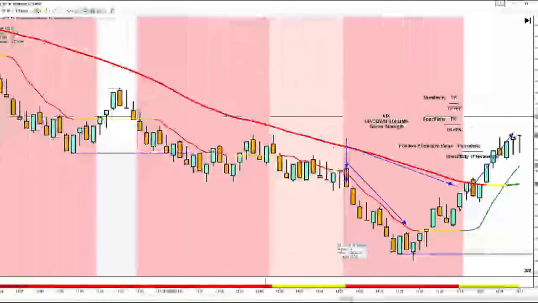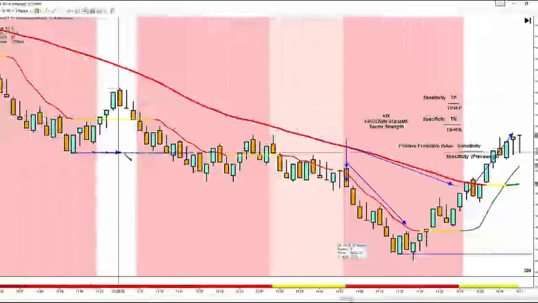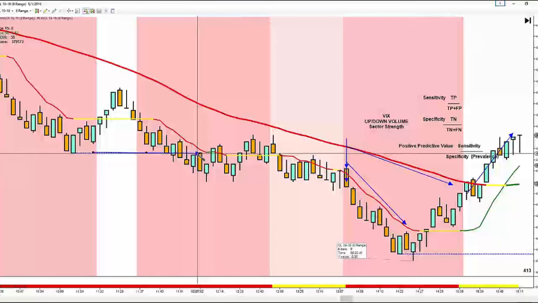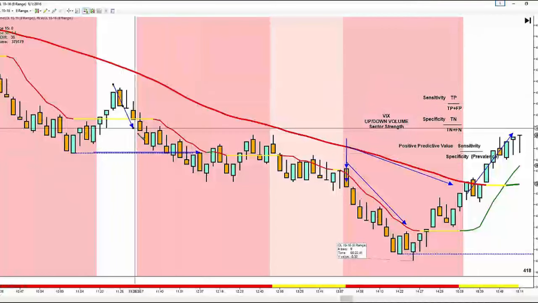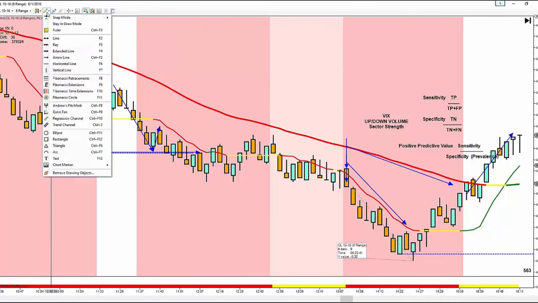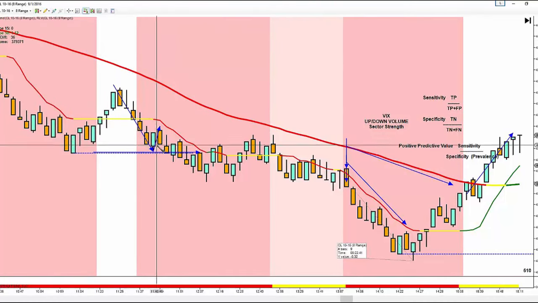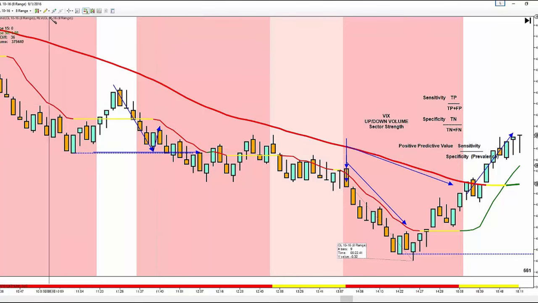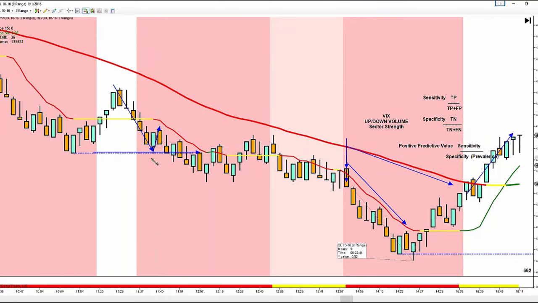And here's another winner. The problem here, now this pivot may or may not have been here at the time of the trade, but here is your first move down, your retracement. If it was here, it wouldn't take the trade because there's no room. If it wasn't there yet, you would have gotten a 16-tick trade.